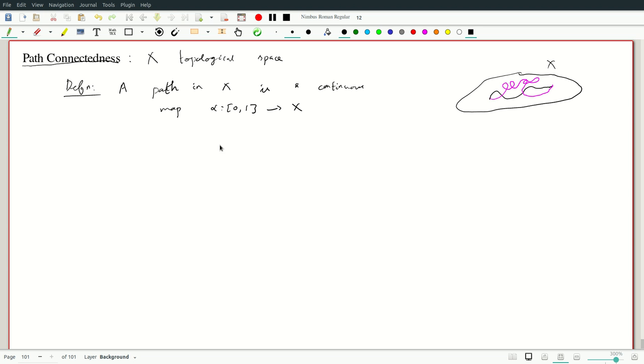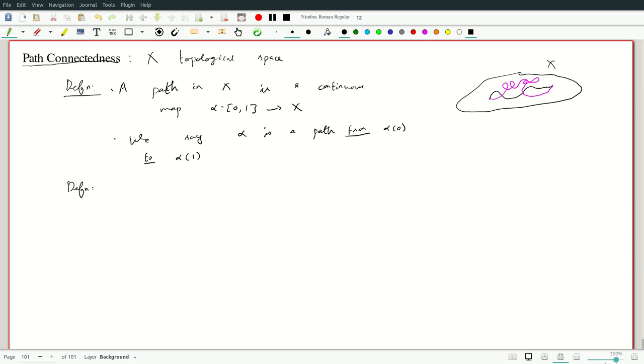You could use any other closed interval. And we say, in this case, alpha is a path. It has a beginning, alpha of 0, and an end, alpha of 1.